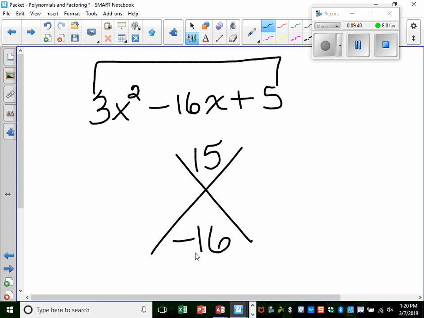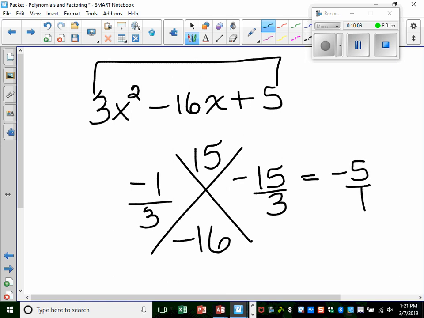Because I got a negative 16 down here. So I'm looking for some factors that will give me 15 that will add to negative 16. Okay, so negative 1 and negative 15. Divided by what? What's my a term? 3. All right. Cannot reduce negative 1/3. I can reduce negative 15 over 3 to what? All right, negative 5 over 1.